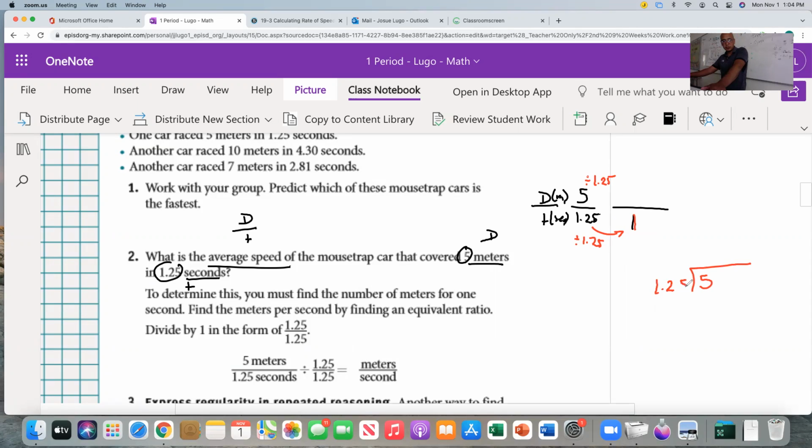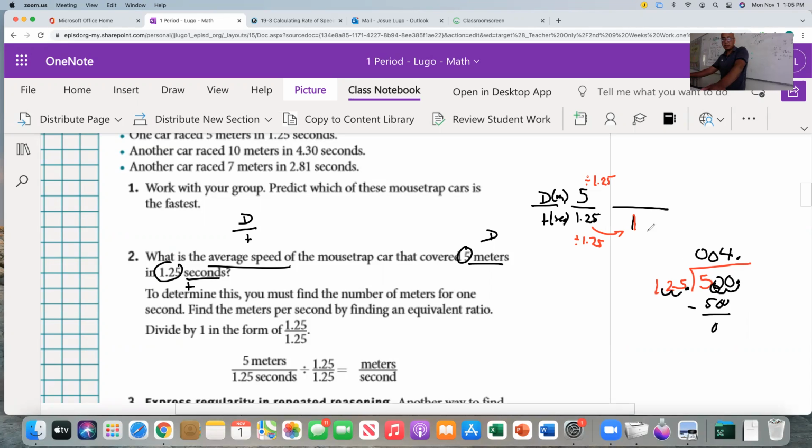Remember, the first number goes inside. Let us remember that when we're dividing, we do not like decimals on the outside. So I'm going to move this twice so that now it's 125. But that means that I must take the decimal on the 5 and move it 2 times, making this now a 500. So it's 500 divided by 125, which is exactly 4.